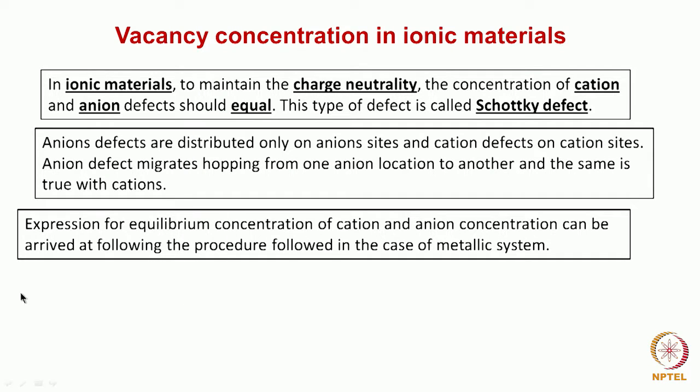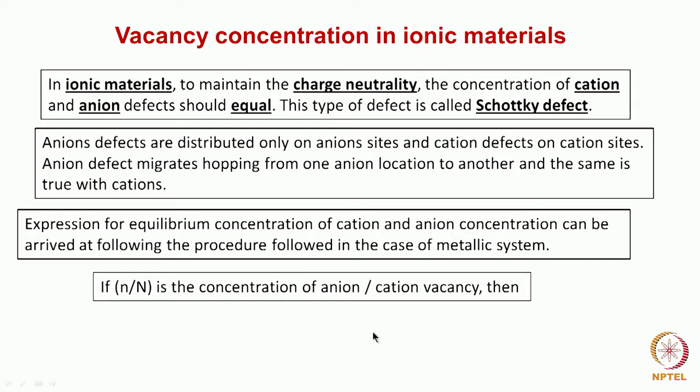The expression for equilibrium concentration of cations and anions, this derivation is similar to what we have derived for vacancy concentration in metallic systems. The only thing you have to consider is that if the total number of lattice sites is n for cations, another n is for anions, so 2n will be the total number of sites.